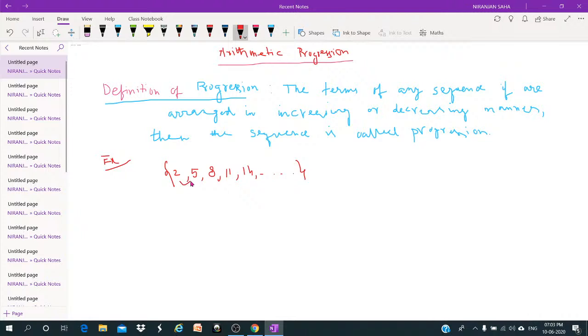The difference is 3, and here too the difference is 3. So there is a certain rule of difference, and it is an increasing sequence. So this is an example of a progression. You can take a decreasing manner also.